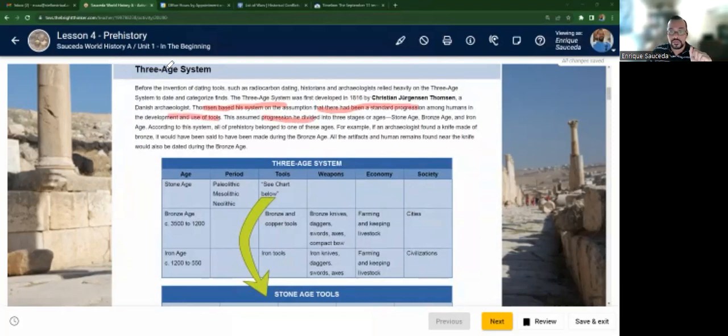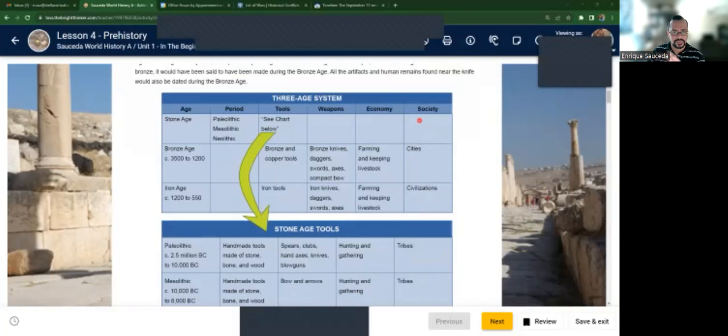He divided it into 3 stages or ages: the Stone Age, the Bronze Age, and the Iron Age. Essentially, that means tools made out of stone, tools made out of bronze, and then tools made out of iron. That is how we tell these apart.